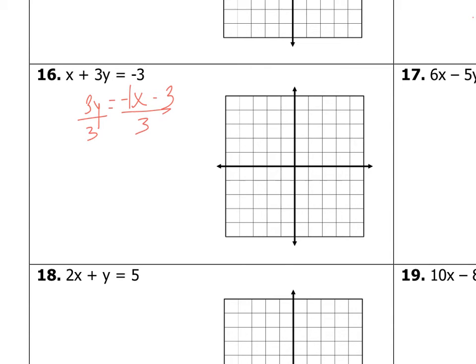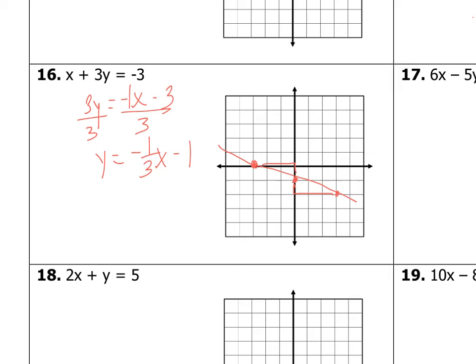And we get negative 1/3 x minus 1. We see that on a graph again. Oops, let's switch colors. There you go, y-intercept. Down 1, right 3. Got a graph here, up 1, left 3. There we go. Awesomely straight line.